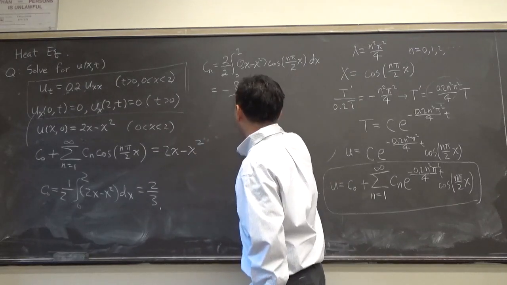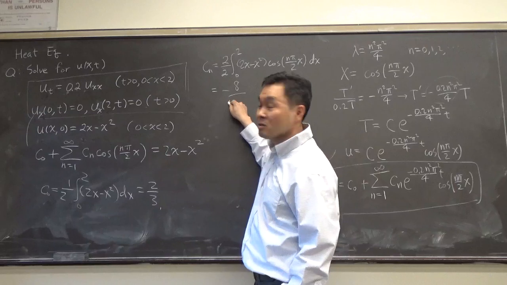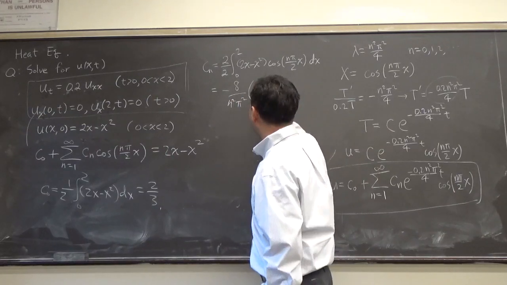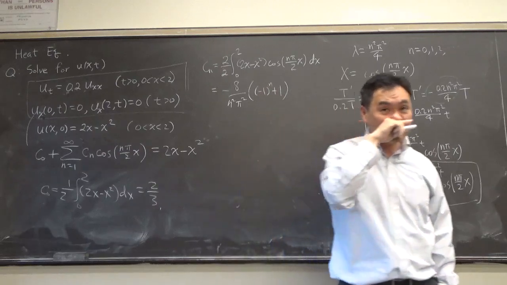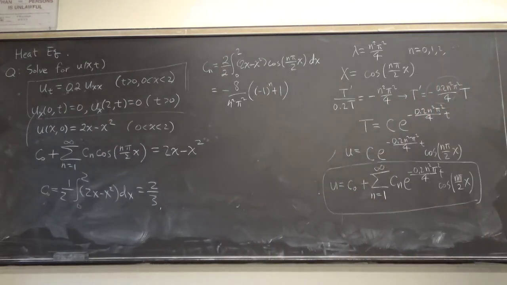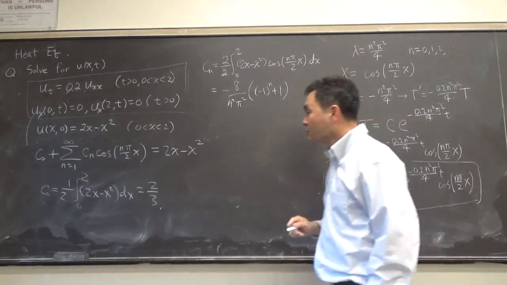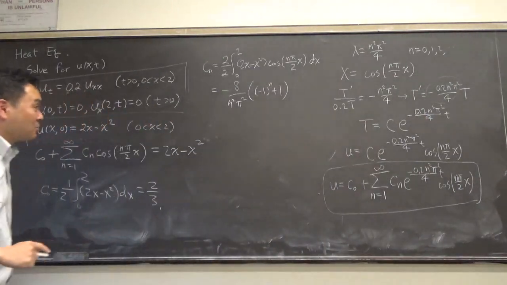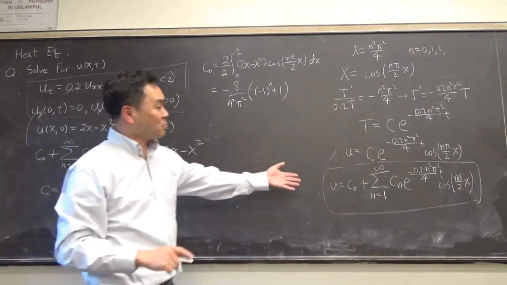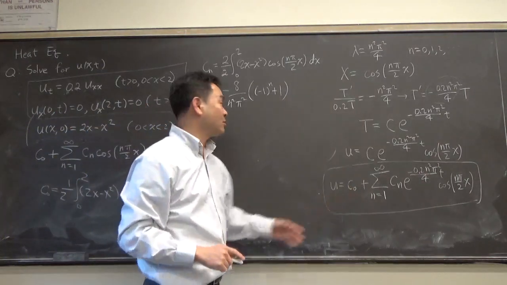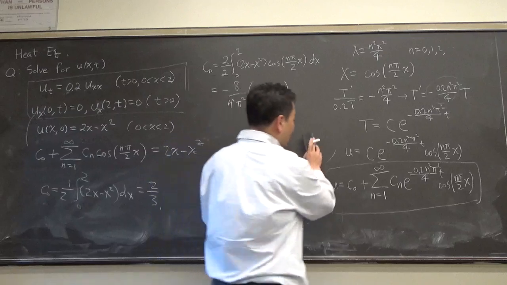Oh, that was negative 8 over n squared pi squared, then negative 1 to the nth power, minus what, plus 1? Yes, plus 1. Okay, so that was the value that we got a few minutes ago. And now, since we have c0 and cn, all we have to do is plug them back in here, and that's the final answer. So let's write down the final answer.